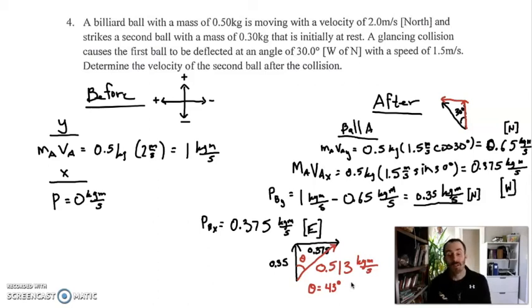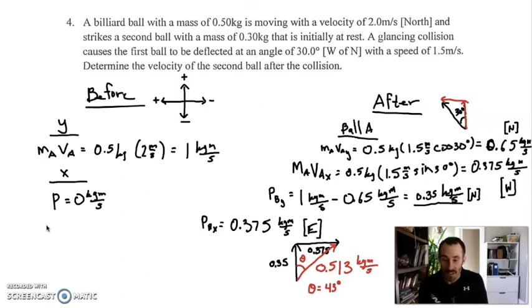Okay, but the question's not asking us for the momentum of the second ball, it's asking us for the velocity of the second ball. But if we know the momentum of the second ball, we just need to divide it by its mass to figure out the velocity of the second ball. So our final step over here is to take the total momentum of ball B and divide it by ball B's mass.